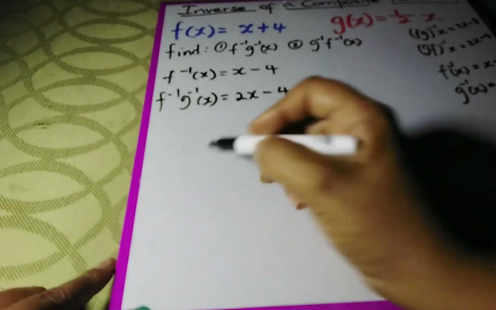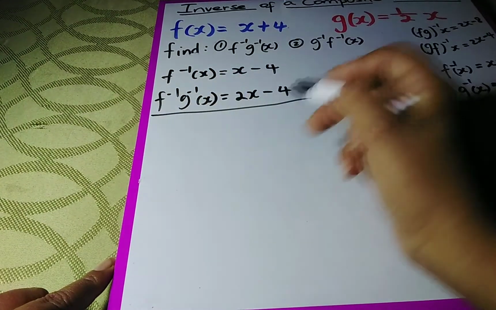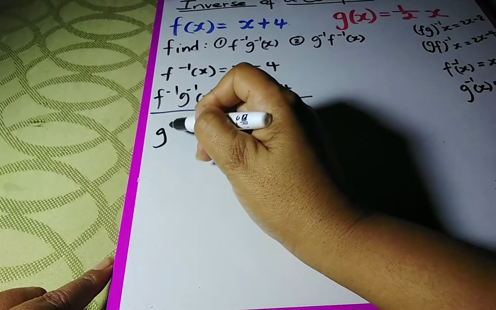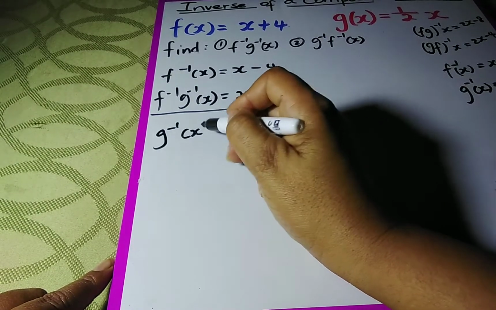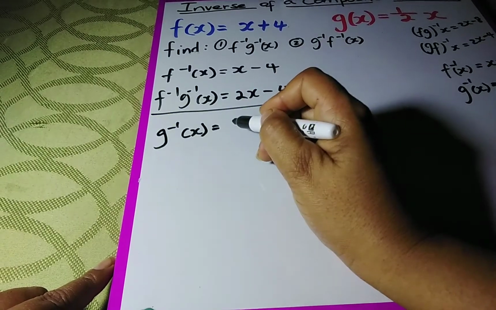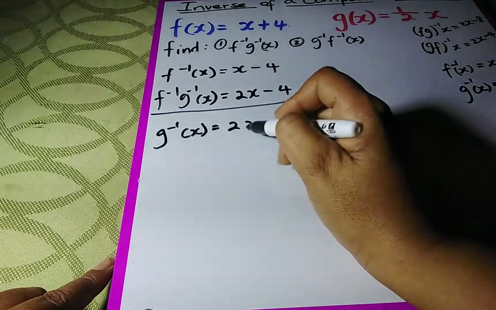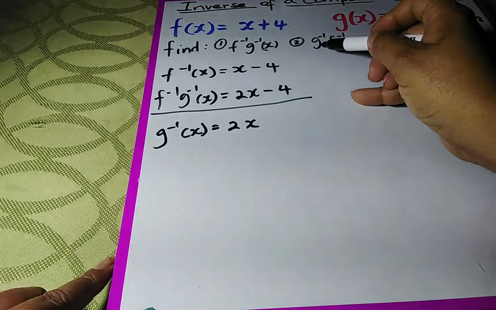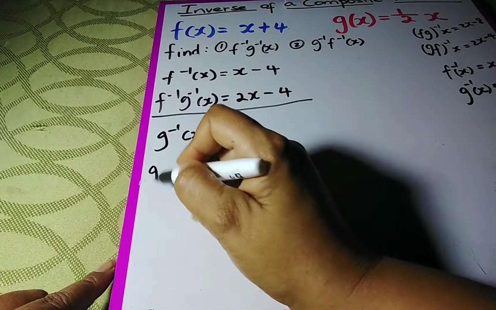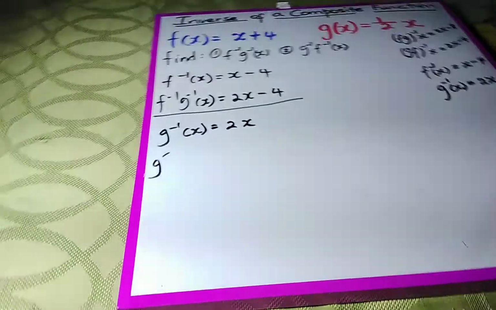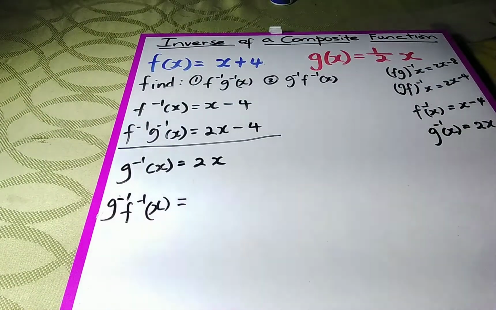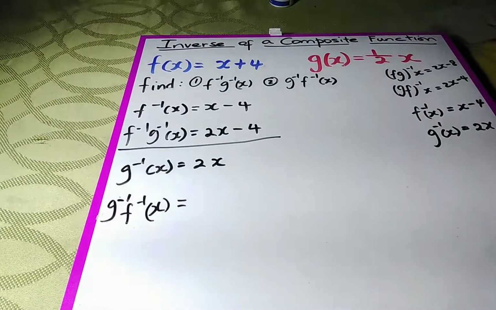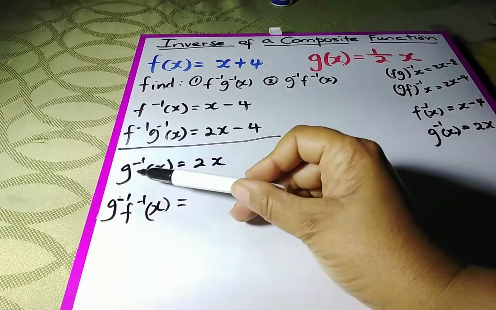Now let's find g inverse f inverse of x, but first we write down the primary function, g inverse of x. My apologies for the mishap there. So we have g inverse of x.